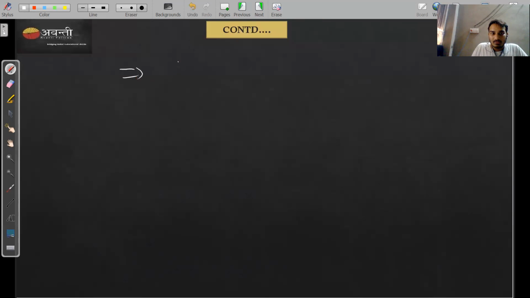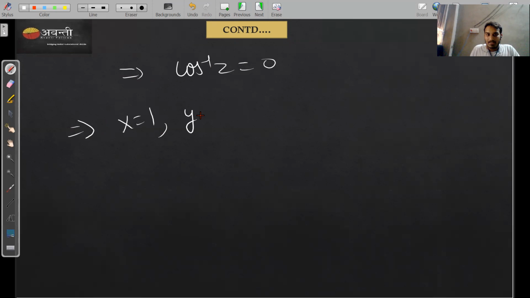It implies cos inverse z you can put now as 0. I don't need cos inverse z because I already got it by putting sine inverse x as pi by 2 and cos inverse y as pi, right? So it implies sine inverse x is pi by 2, so x is 1, cos inverse y is pi, so y is minus 1, and z is 0, right?